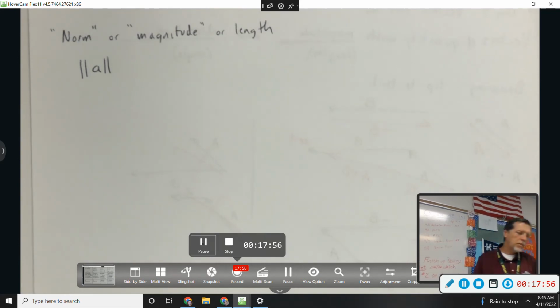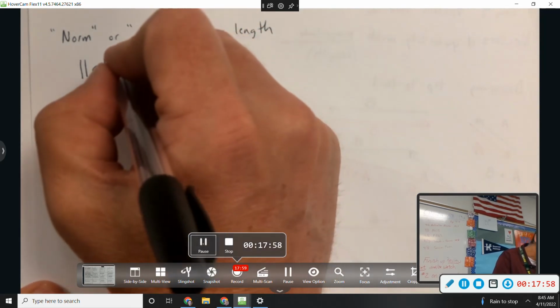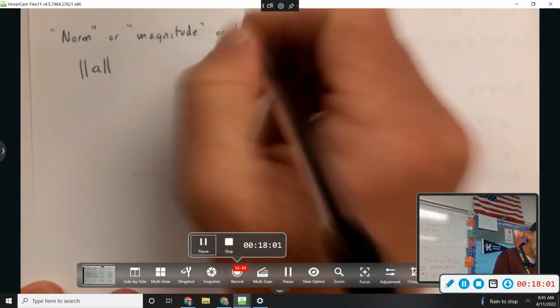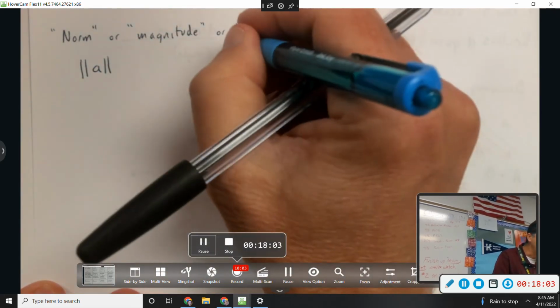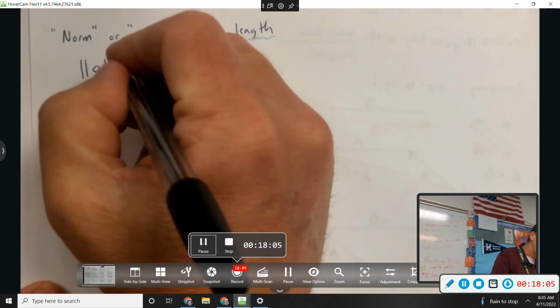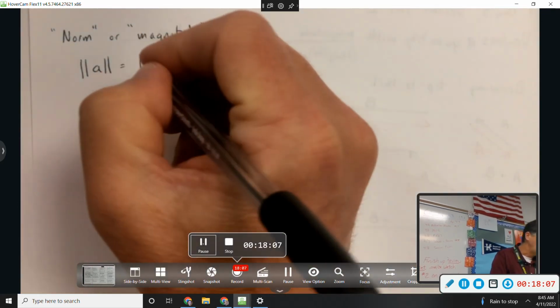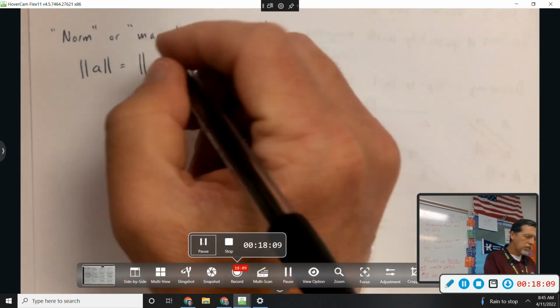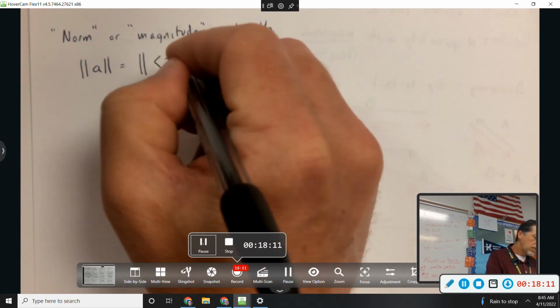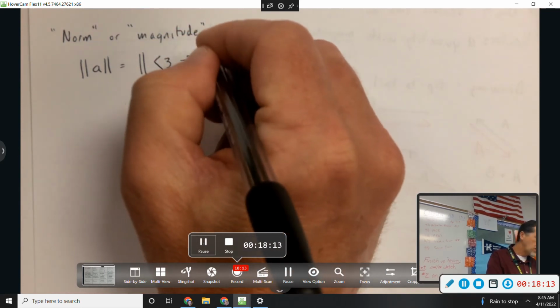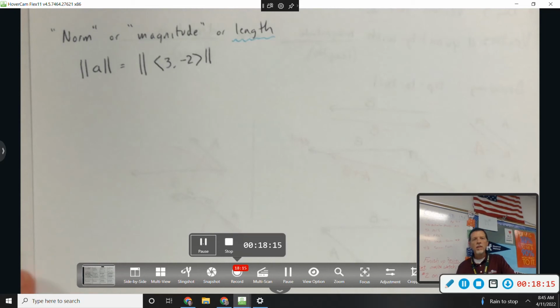So that means find the norm of A, or the magnitude of A, or maybe best of all, the length of A. And we're still using the same A, so that was 3, -2.